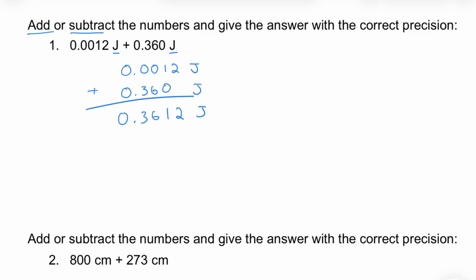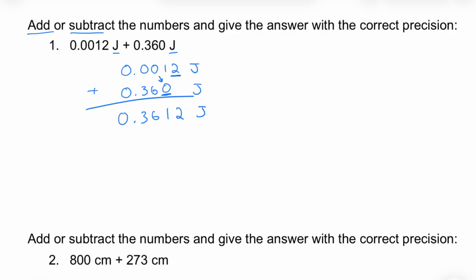If we look at each of these numbers, the first one, 0.0012, has its lowest place value at the ten thousandths. But in the second number, 0.360, the lowest place value is the thousandths place. And so since this one is higher, this number is less precise than the other one.